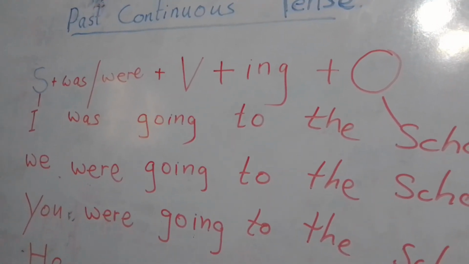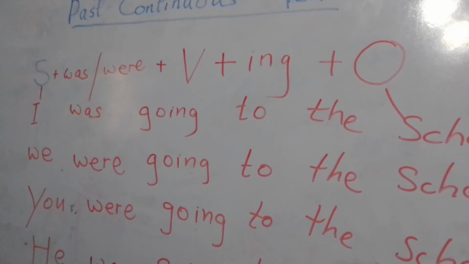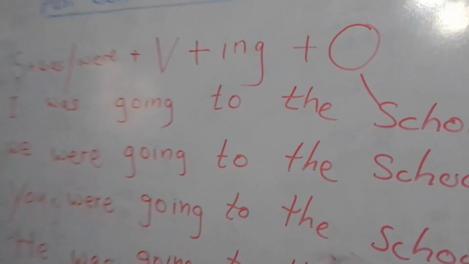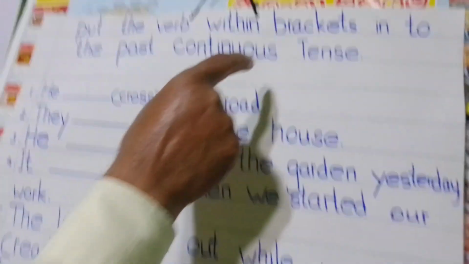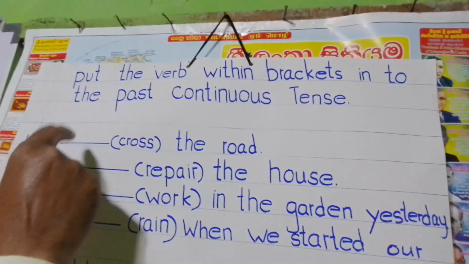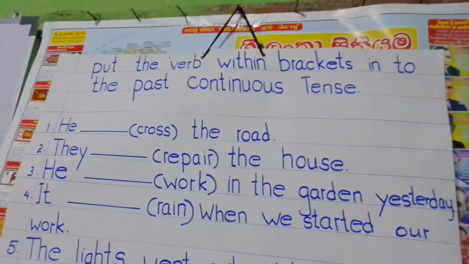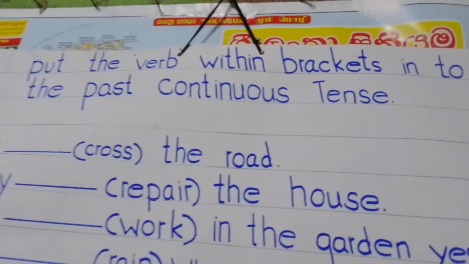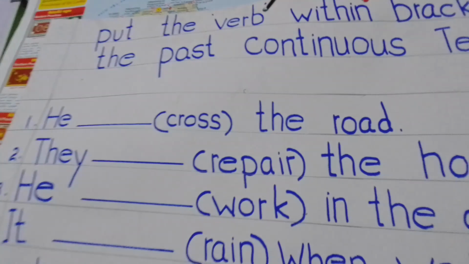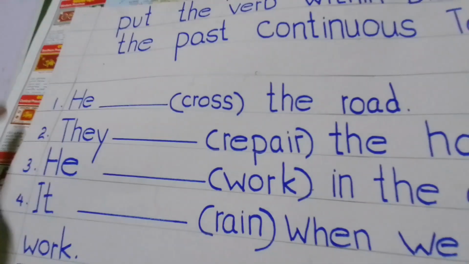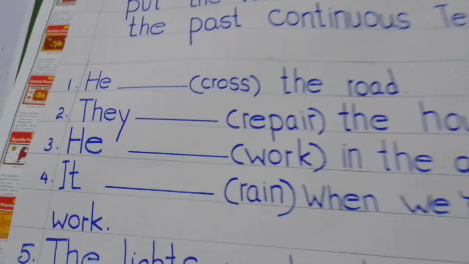Okay, students, next we will try to discuss some exercises. Here, put the verb within brackets into the past continuous tense. I read the first sentence. He blank the road. Now, the subject is singular.